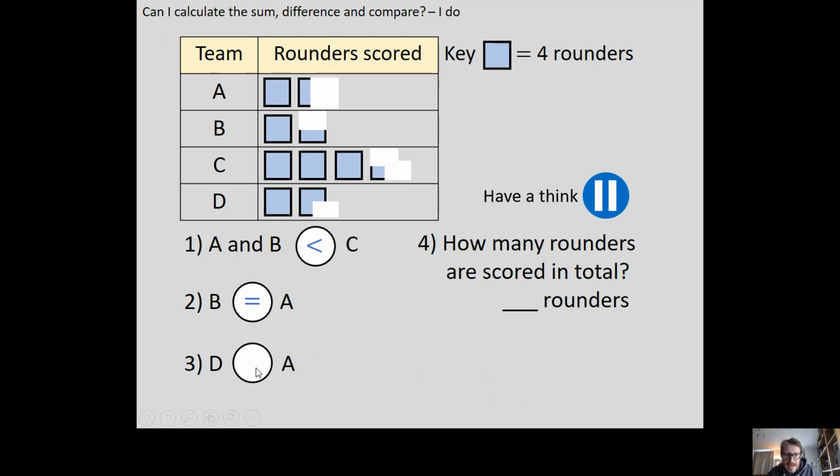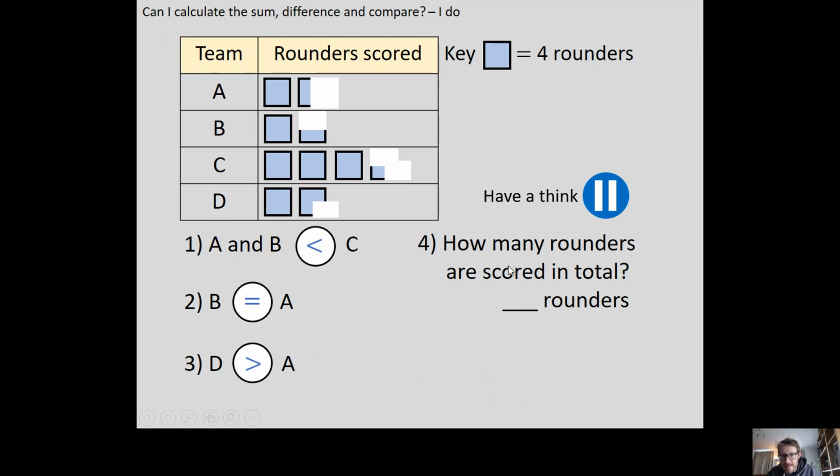And then D and A, so D 4, 5, 6, 7. So D scored 7 and A we know scored 6. So D is going to be greater than A.